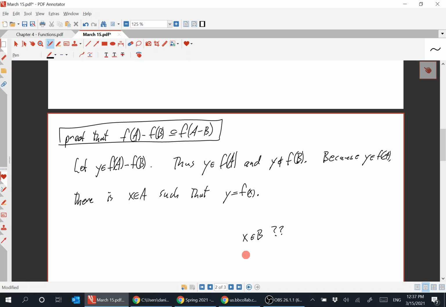If x was in B, then f of x would be in f of B. But it's not.